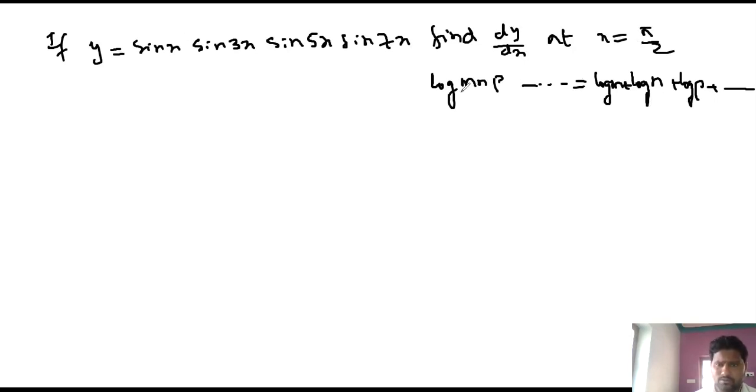This is a very helpful property of logarithm. If there is a product of many functions, the log of this product converts to a sum.